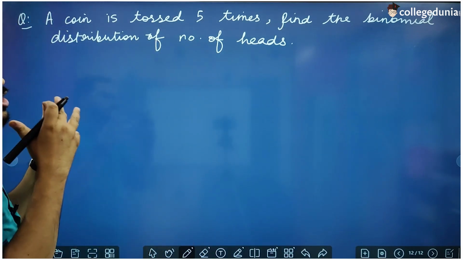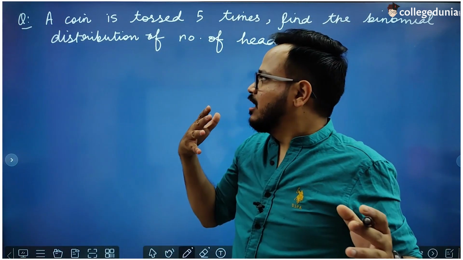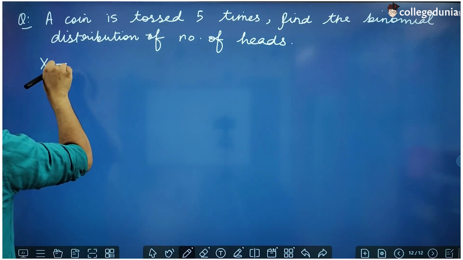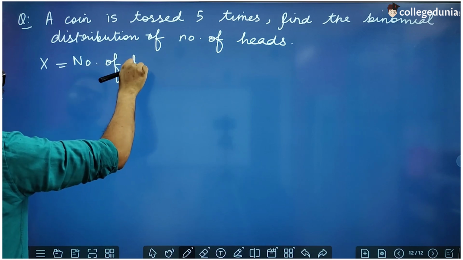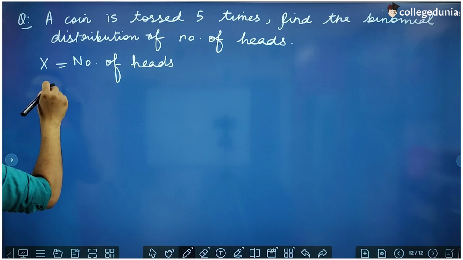Now if we are tossing a coin 5 times, then what are the possible values? Suppose let us take a random variable x, which is the number of heads in tossing a coin.